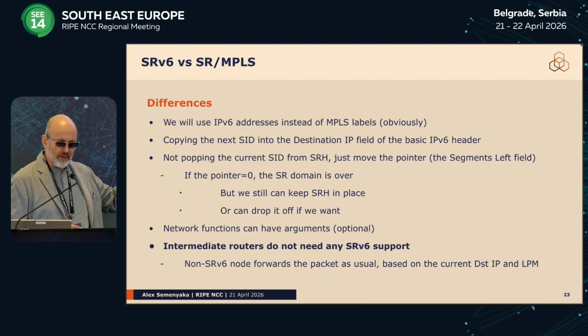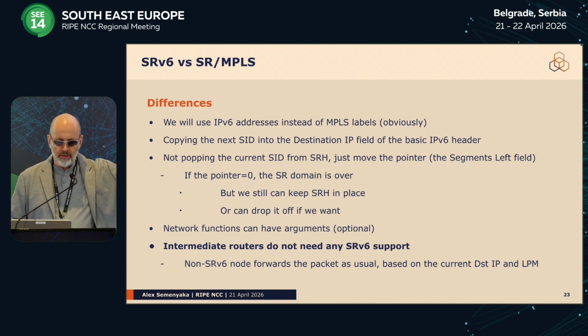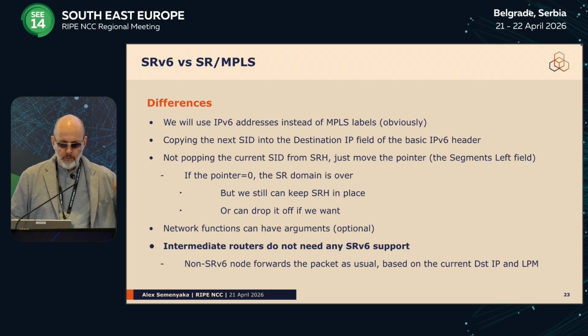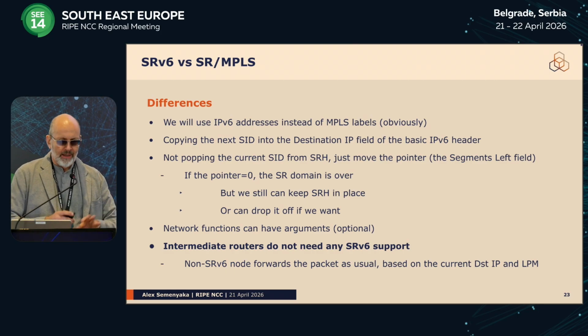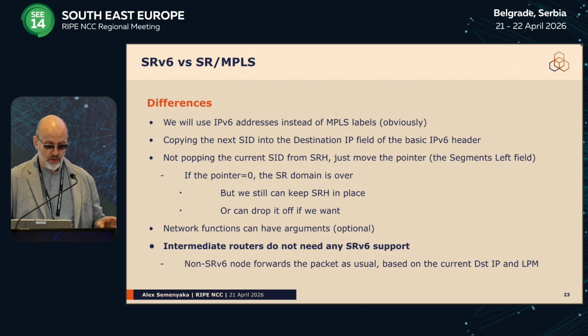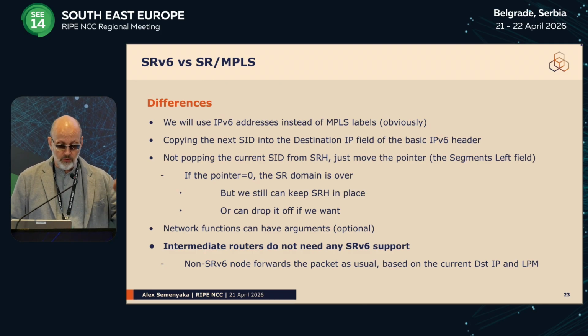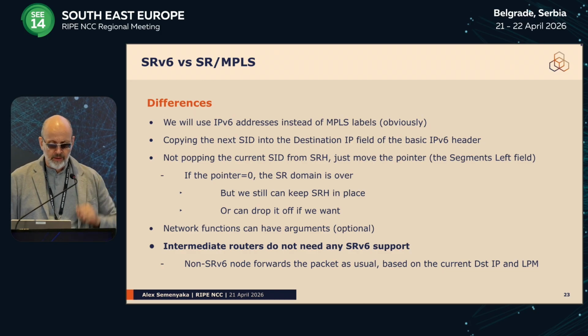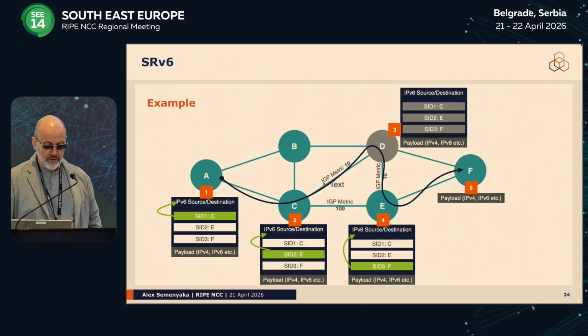Now we need the support of this technology only in key points where these functions will be used. All other networks can be just standard, usual, traditional IPv6 networks without any changes. Once again, only key points should be upgraded to use this technology.